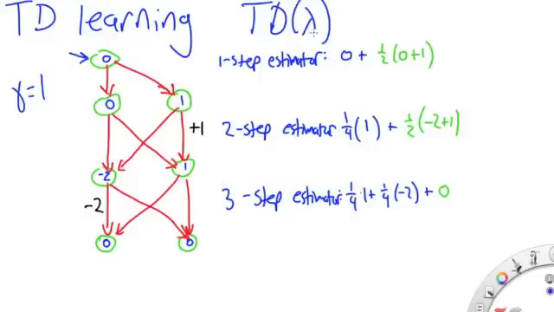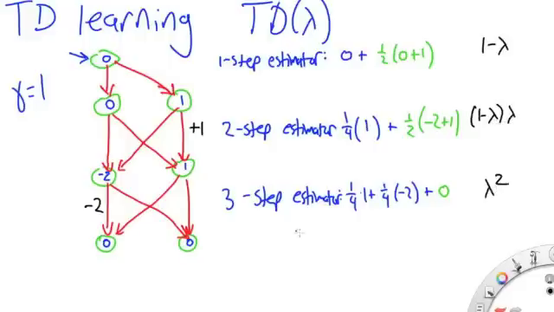Now what TD lambda does is it takes a weighted combination of each of these different estimators, where the weights are defined to be, in this case, 1 minus lambda for the 1-step estimator, 1 minus lambda times lambda for the 2-step estimator, and lambda squared for the 3-step estimator.